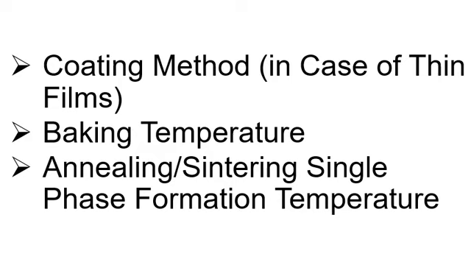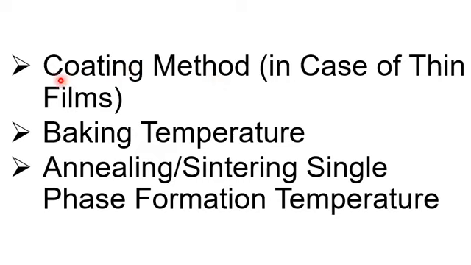So dear student, initially in order to prepare a thin film via sol gel process with a better quality, we need to know about the coating methods of thin films, like what type of coating method we need to use in order to prepare a thin film via sol gel process.